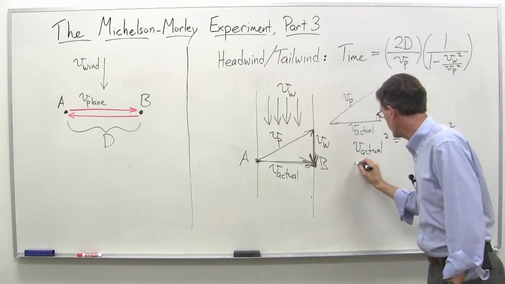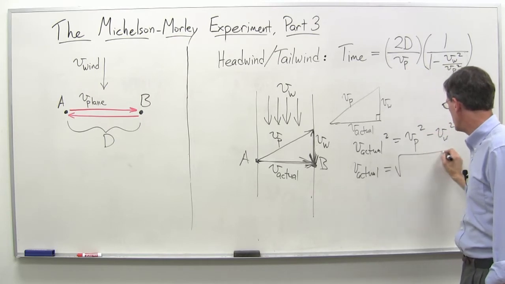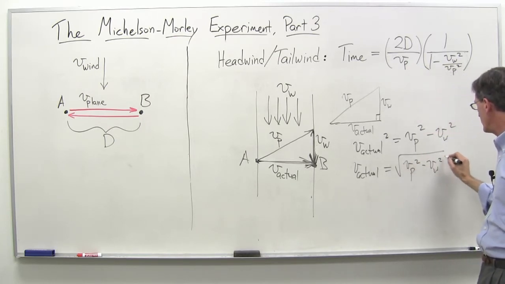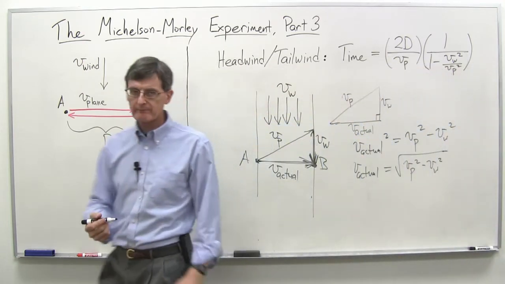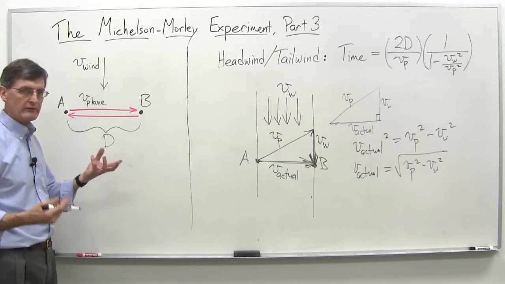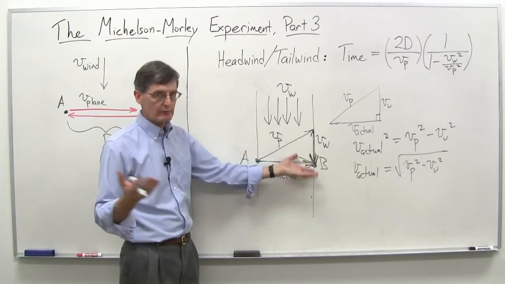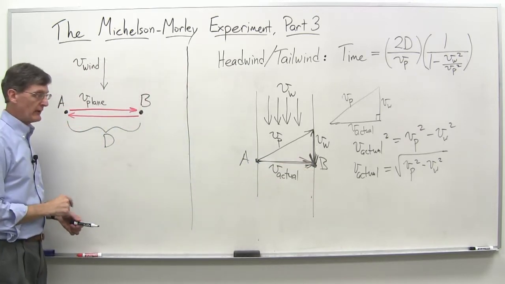Or more precisely, if I just want V actual, it equals the square root of Vp squared minus Vw squared, assuming that we're dealing with positive quantities here for the velocity, of course. Okay, so that gives me the net velocity of the plane from A to B, or the swimmer from A to B, if you want to think about a swimmer. And so, therefore, I can do the time now.